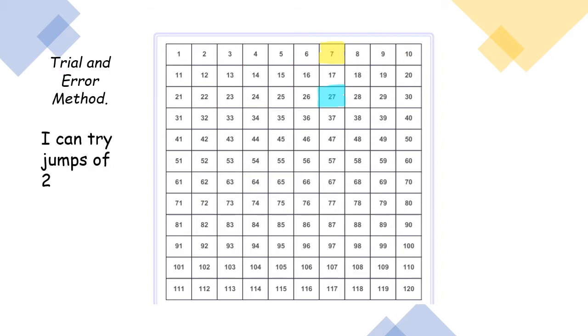So, what about if I use the same strategy, but instead of 3, what about if I jump 2? Maybe that's going to work a bit better. So, back to my number 7, and I do 2 jumps. 1, 2 jumps is 9.